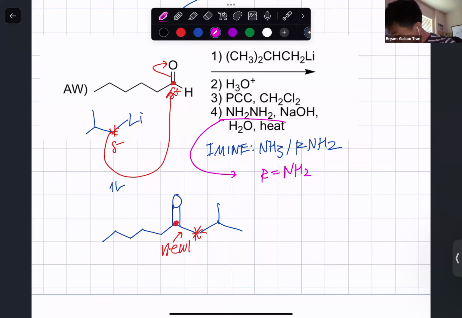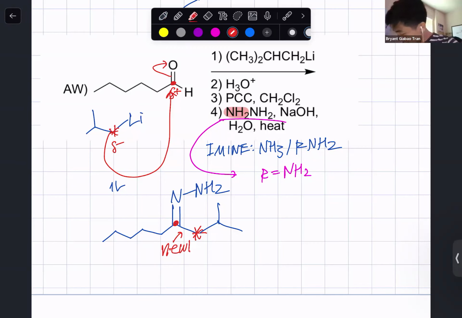Because it's NH2NH2. So when we react this ketone or carbonyl with this amine right here, we're gonna replace the oxygen with the nitrogen, where the R group of that nitrogen is going to be another NH2 group, right?